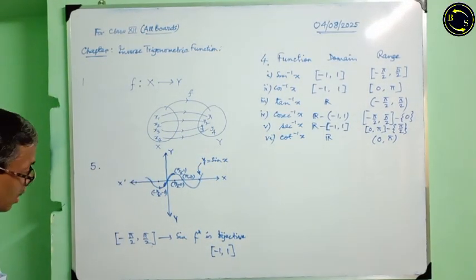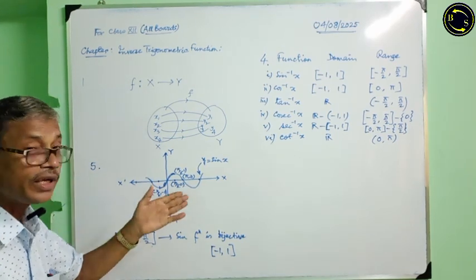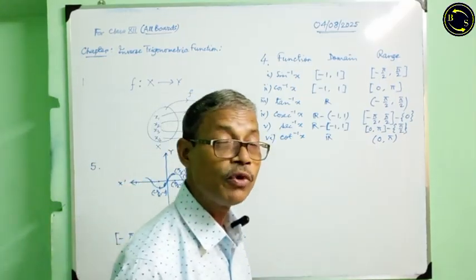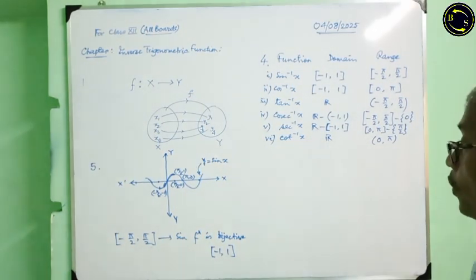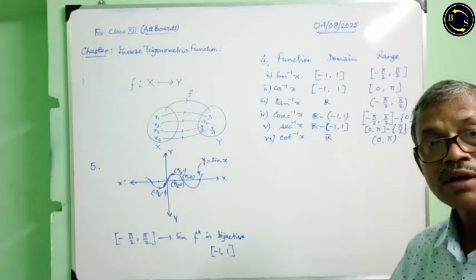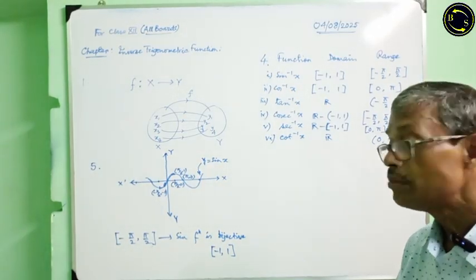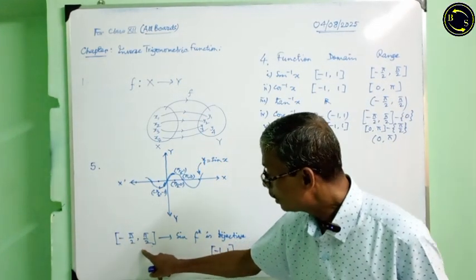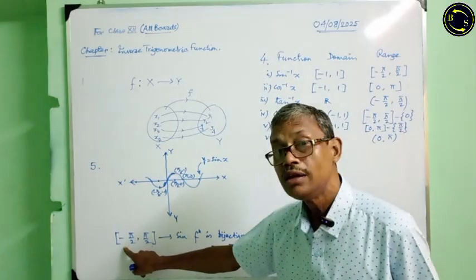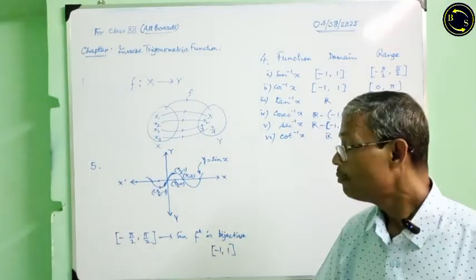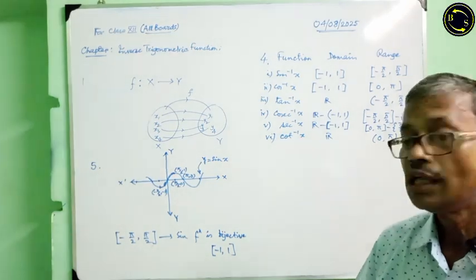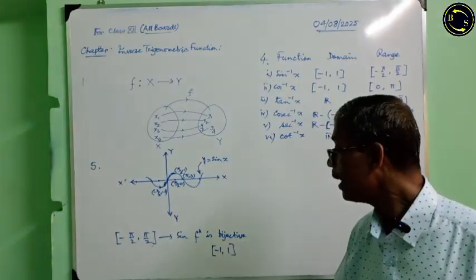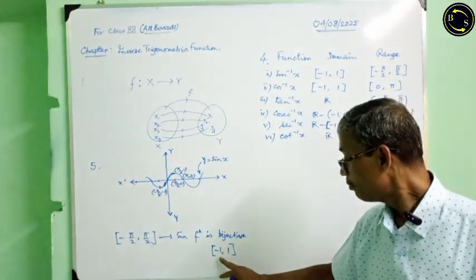Now we can split the whole interval into such sub-intervals, in each of which the sine function will be one-one and onto. That means invertible. Now this interval is taken as the principal value interval, principal value domain, and in that case the range will be -1 to 1.